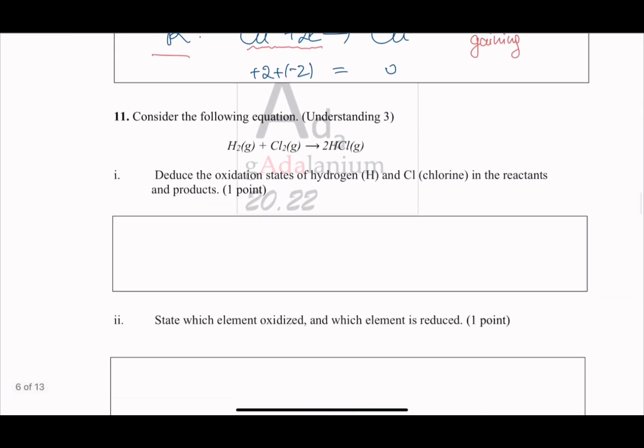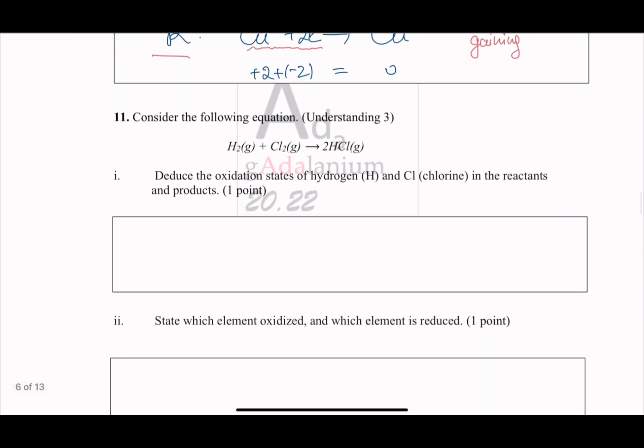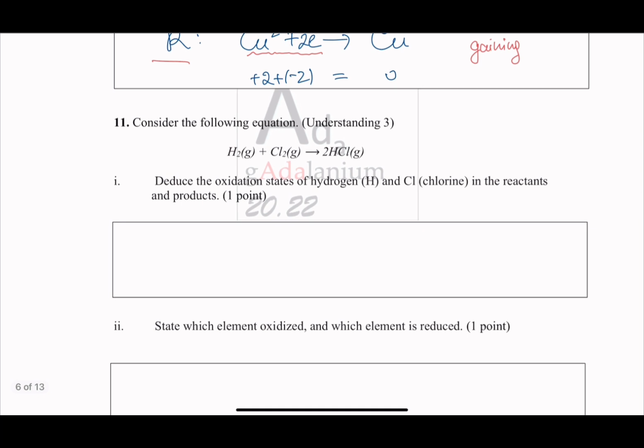Okay, now we move on to the next question. I think I really went deep on this with the other question above. So consider the following question: deduce the oxidation states of hydrogen and chlorine in reactants and products. We know that an element by itself is 0 and 0, so I'm just going to write this like this. On the next one, we have hydrogen chloride.